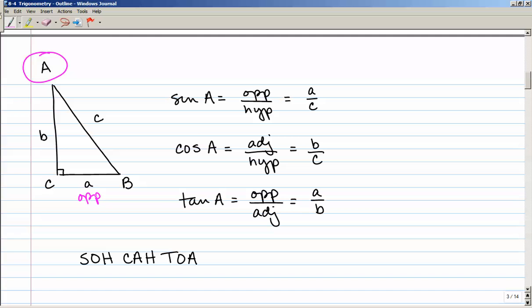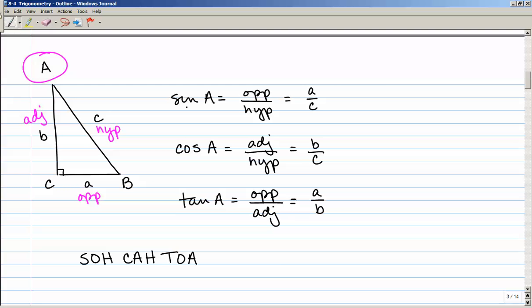That's the opposite. The hypotenuse is always the hypotenuse. That's going to be C over here. And adjacent is the side that is adjacent to angle A. Now granted, angle A is formed by both this longer leg right here and by the hypotenuse. But the hypotenuse is always the hypotenuse, so B would have to be the one that's adjacent.